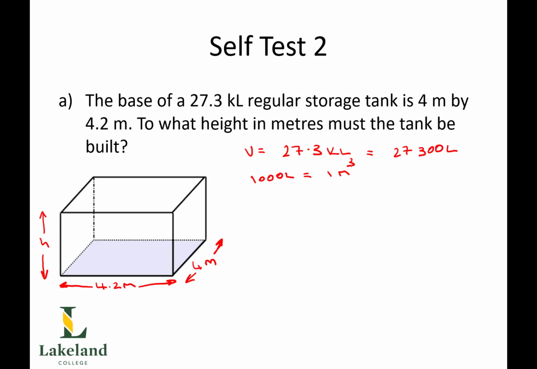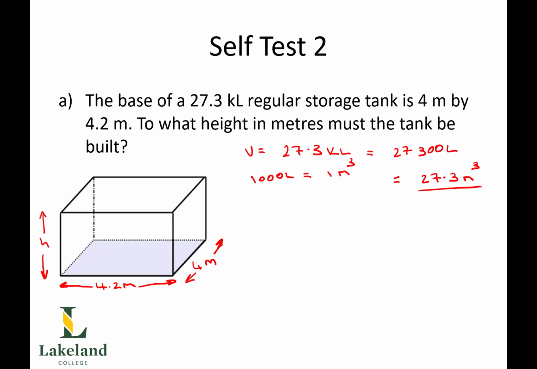Well, if 1,000 litres equals 1 metre cubed, then 27,300 litres is equal to 27.3 metres cubed. So we've just proved there basically that 1 kilolitre is 1 metre cubed. And that's another little useful identity to remember.